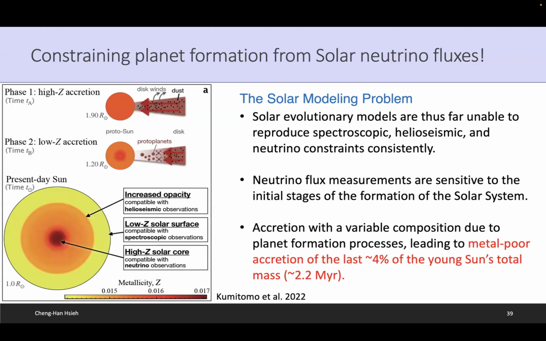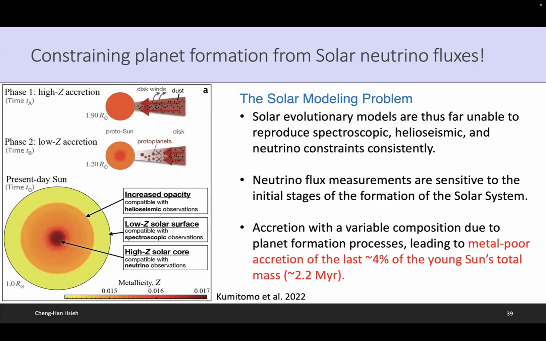So the question is, how can we explain this metallicity difference in our Sun? The current solar evolutionary models are unable to reproduce the spectroscopic, helioseismic, and neutrino constraints consistently. One of the solutions, proposed by Kunitomo in 2022, is that the solar metallicity structure corresponds to imprints of planet formation.